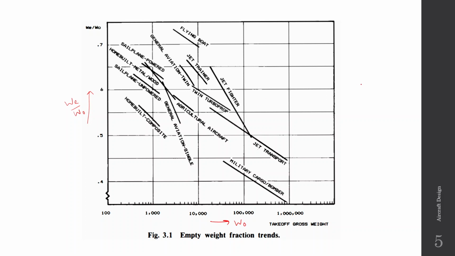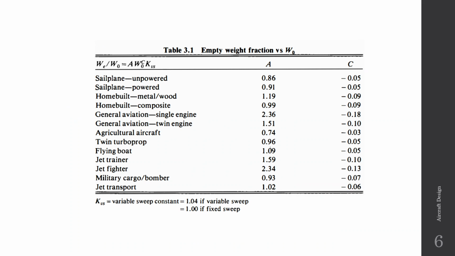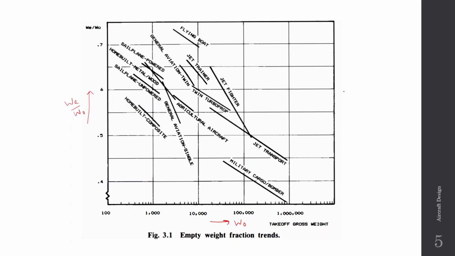various lines, and generally we can write this kind of statistical relationship: WE by W naught equal to A times W naught to the power C times kVs.